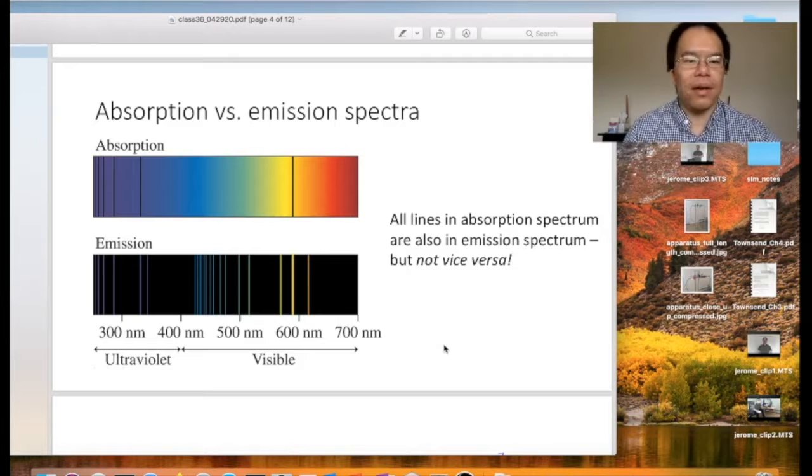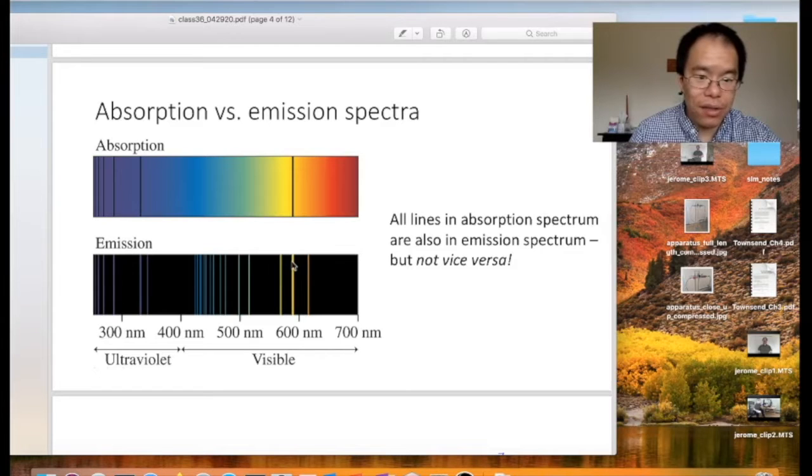So let's compare absorption versus emission spectra. You notice that there are bright lines in emission and dark lines in absorption, like we just said. Notice that all of the lines that are present in the absorption spectrum are also present in the emission spectrum.